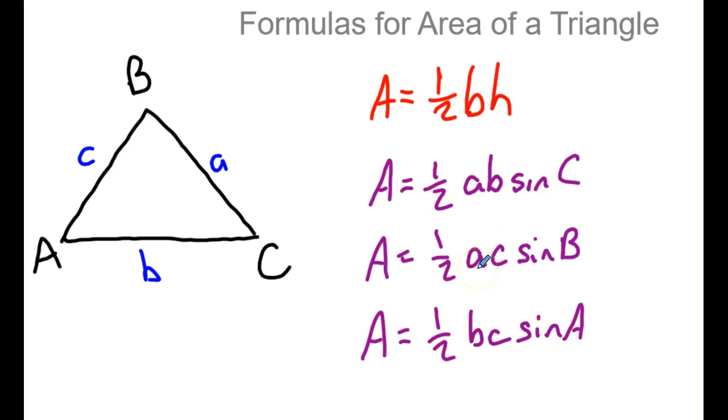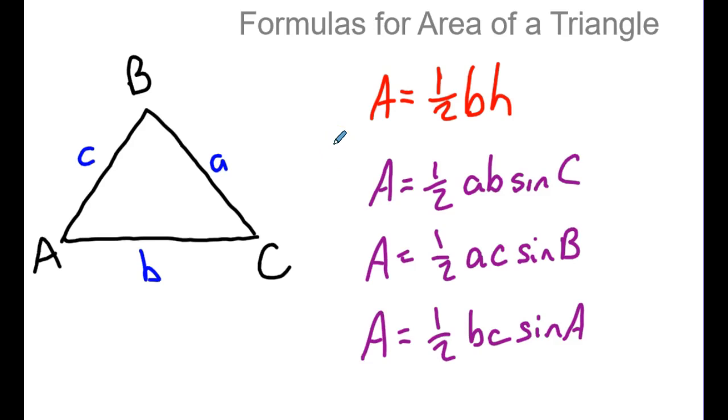In the second form, we have a and c. Angle B is the angle between those two side lengths, the included angle. These are the three we're going to work with, because in a triangle like this, it might be difficult to determine the height. Sometimes it's easier to use this trig form.